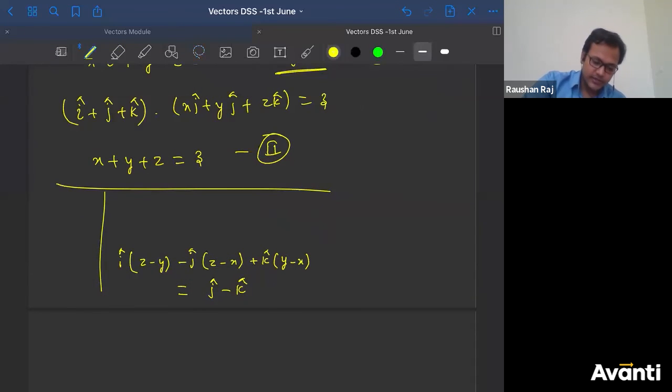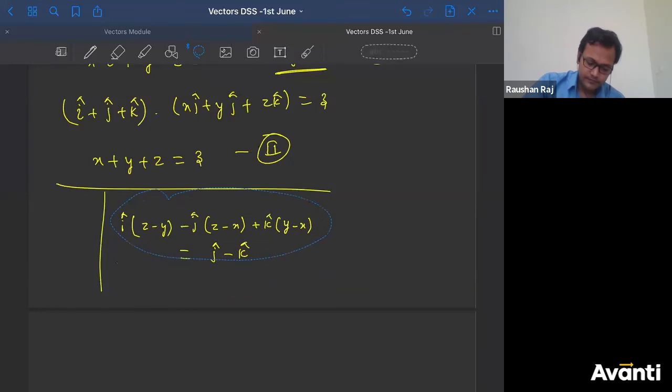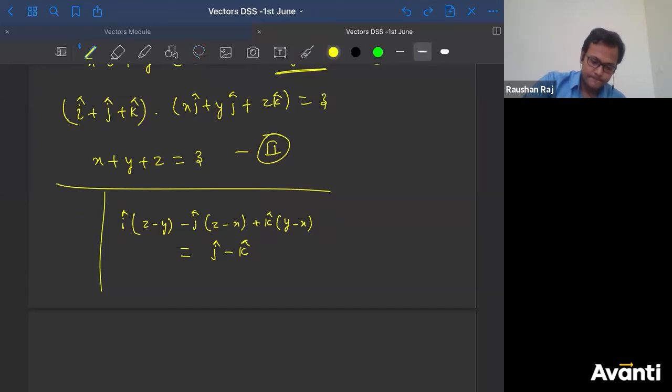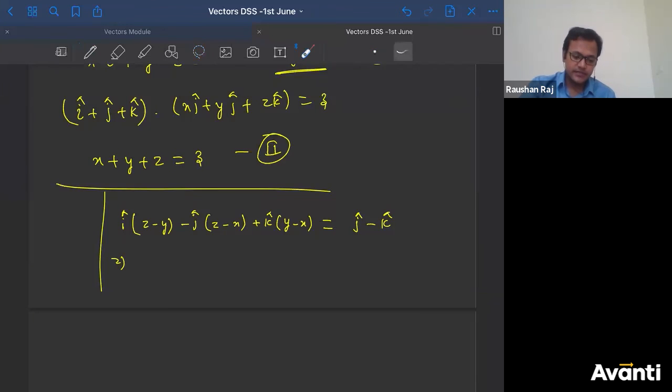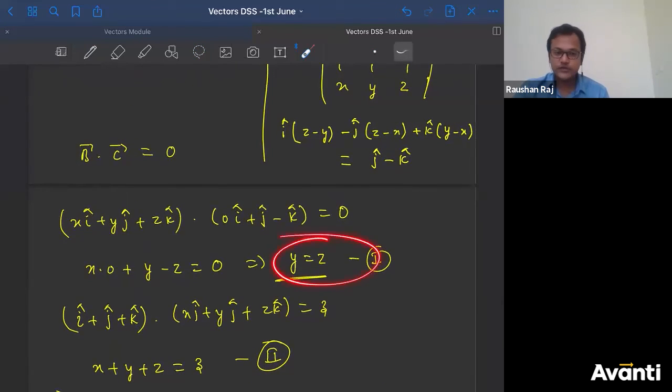So what did I get from here? Now I can write this as z minus y. Tell me guys, we get something here: y is equal to z.